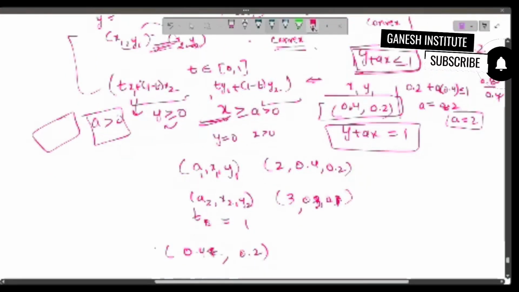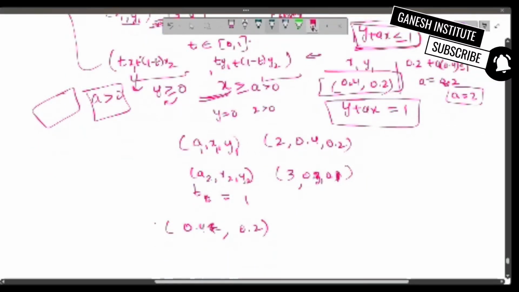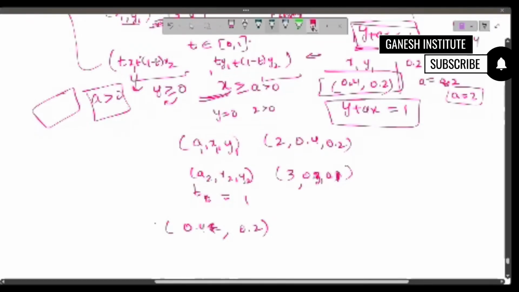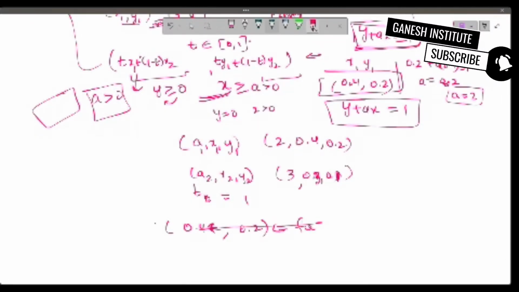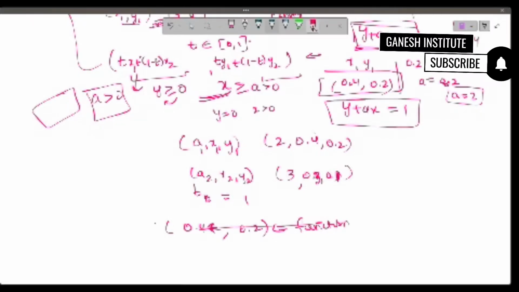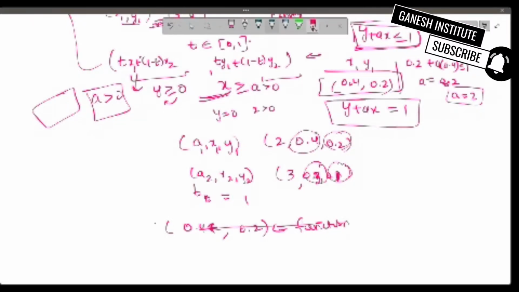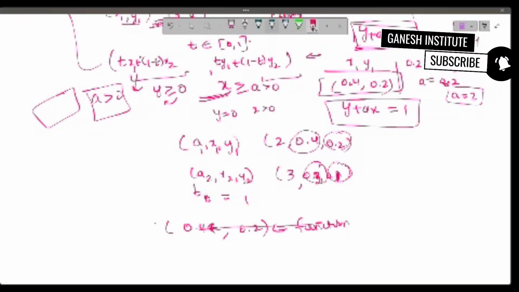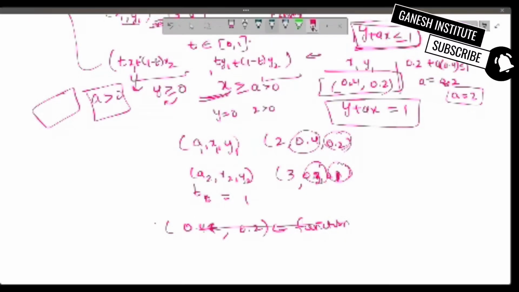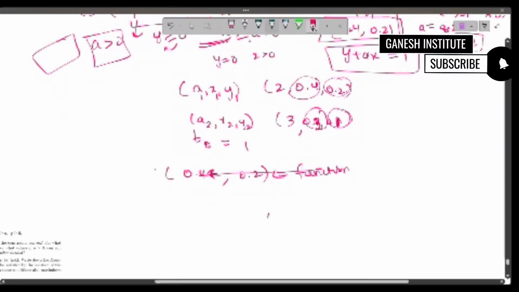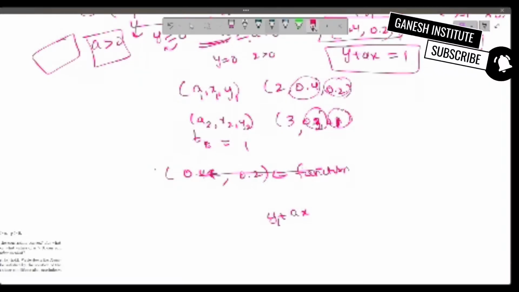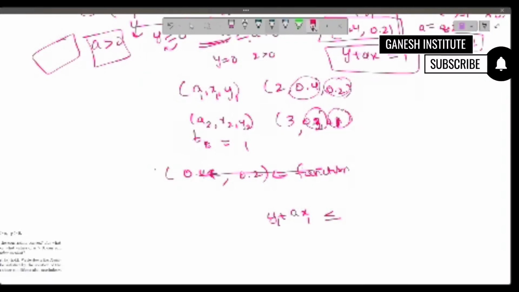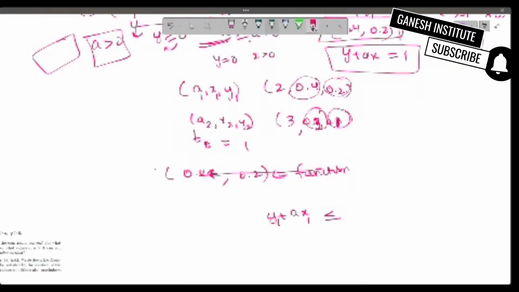Tell me, it is lying between. This is my function. My x1, y1 and x2, y2 are these. So what do you think? When I put y1 plus ax1, is it less than the function value or greater?